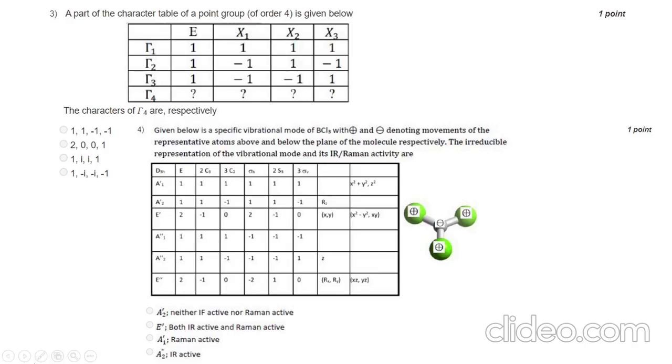So for now, I will write here we have A4, B4, C4, D4. Now again the same principle: 1 square plus 1 square plus 1 square plus A4 square is 4, the order of the group.